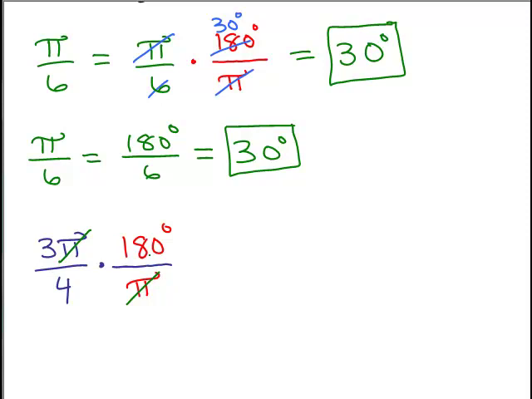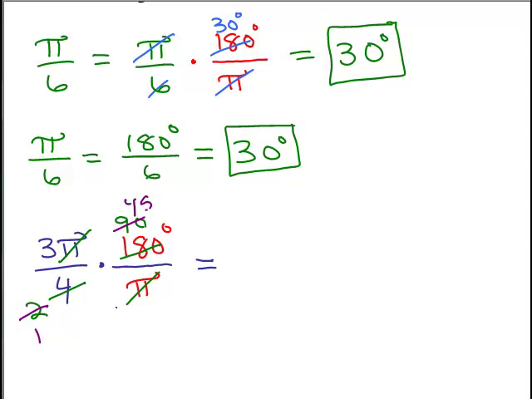4 into 180. Well, you might not know what 4 goes into 180, but you could divide top and bottom by 2 to begin with. And then you could divide by 2 one more time to get 45. So your answer here will be, right, so now you have 3 times 45, right?